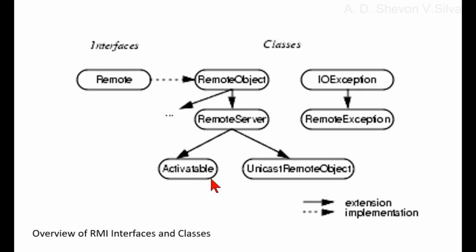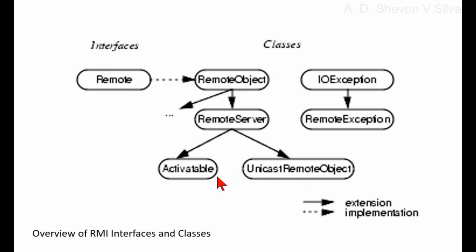The class java.rmi.server.RemoteObject provides implementations for the java.lang.Object methods hashCode, equals, and toString that are sensible for remote objects. The methods needed to create remote objects and export them, making them available to remote clients, are provided by the classes UnicastRemoteObject and Activatable.